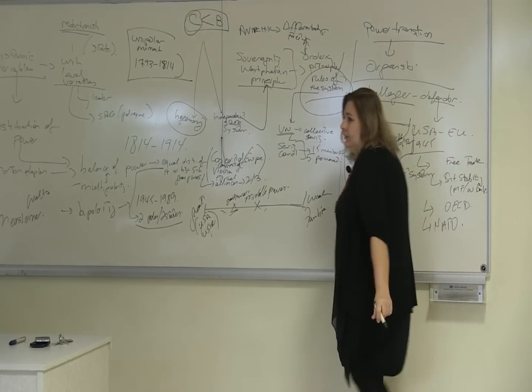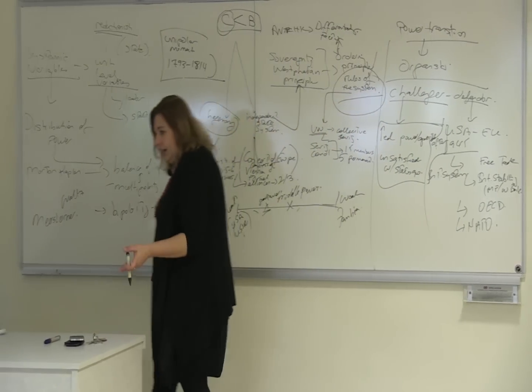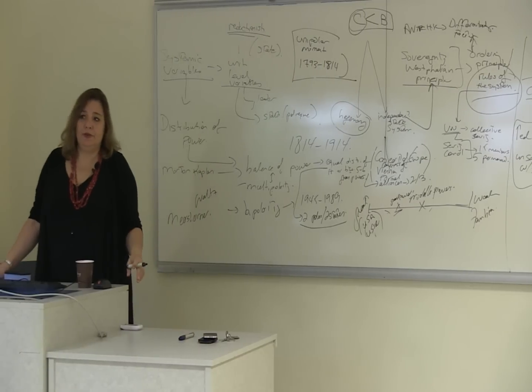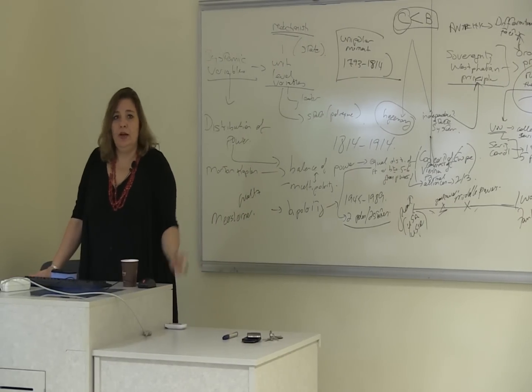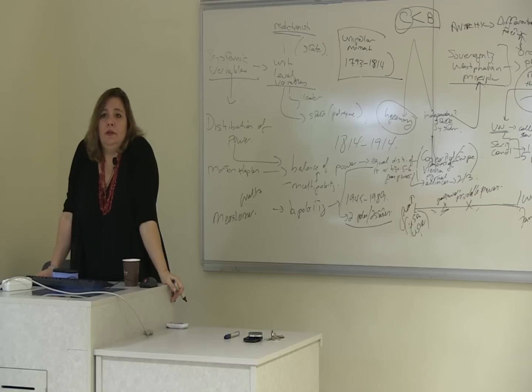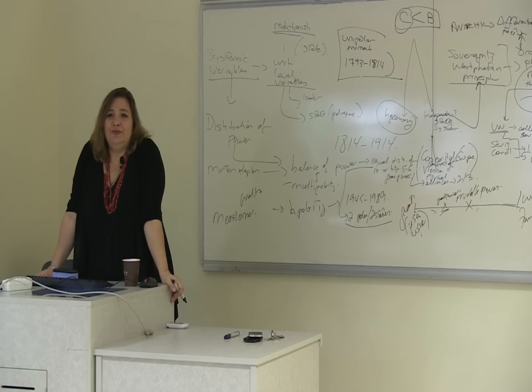The 5 permanent members are the great powers of the previous period, with one exception. France, UK, USSR, United States, and China. Okay, so 5 permanent members.